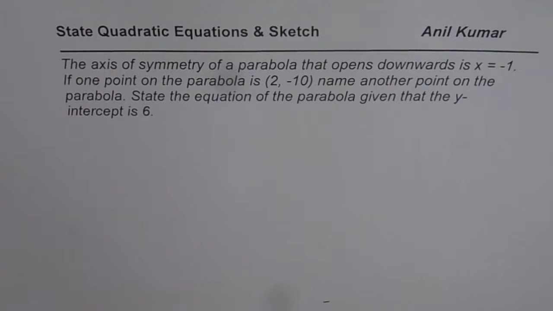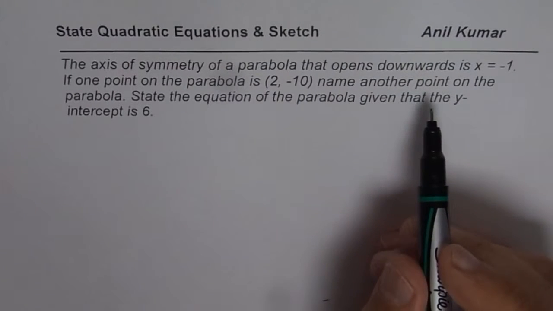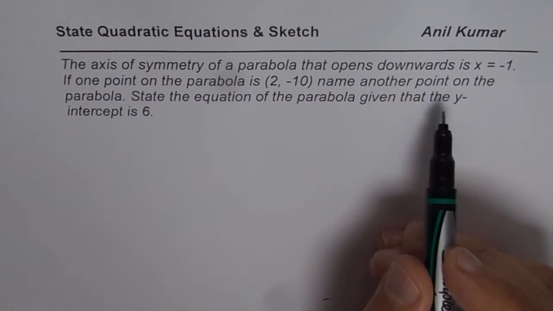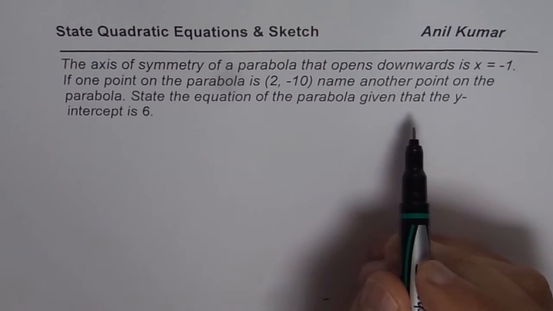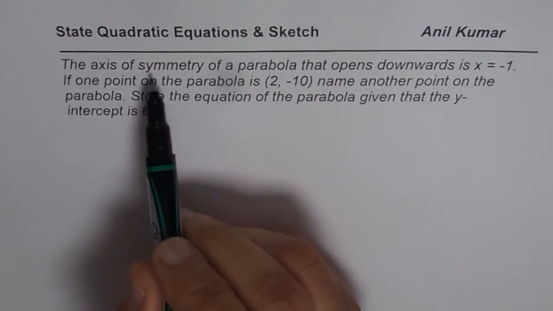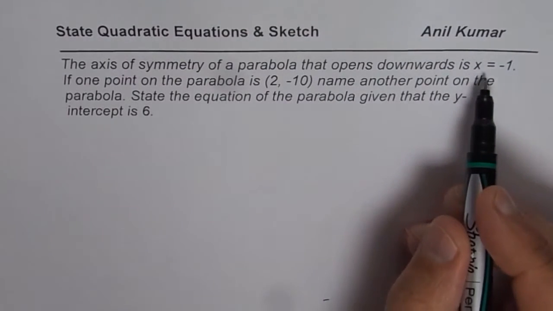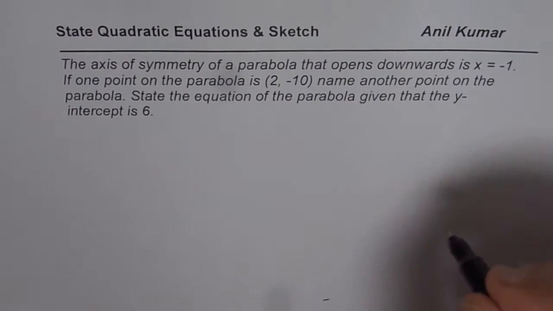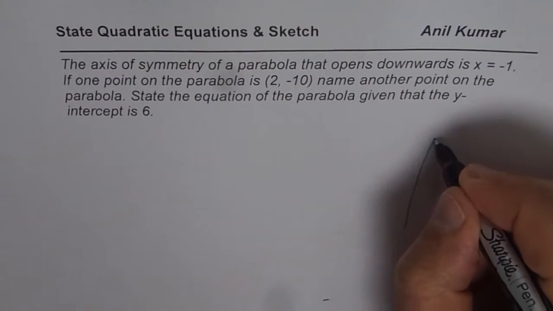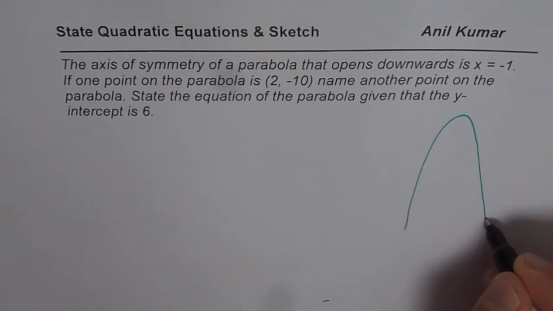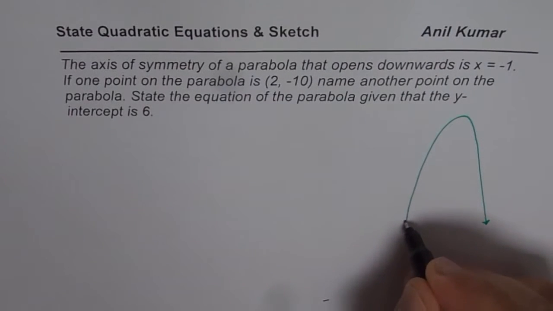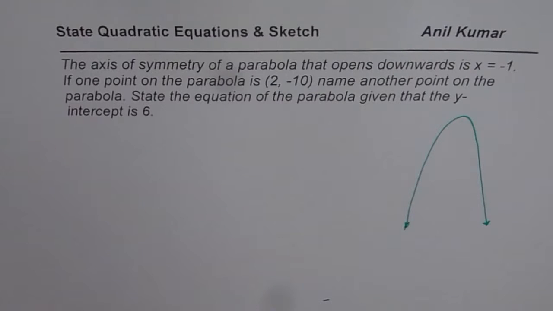Now in this question, let us read it once again. Try to make a rough sketch, and from there we'll find the equation. The axis of symmetry of a parabola that opens downwards is x equals minus 1. So we can sketch a parabola opening downwards, with the axis at x equals minus 1.